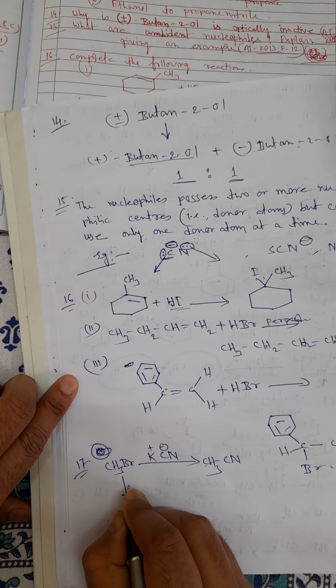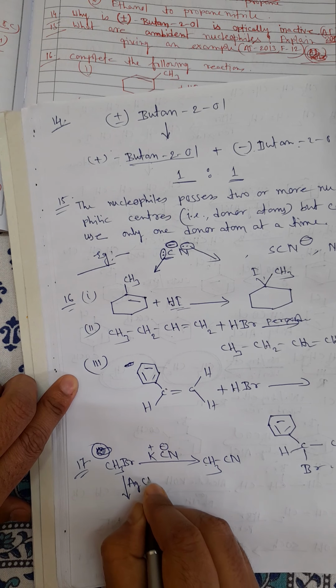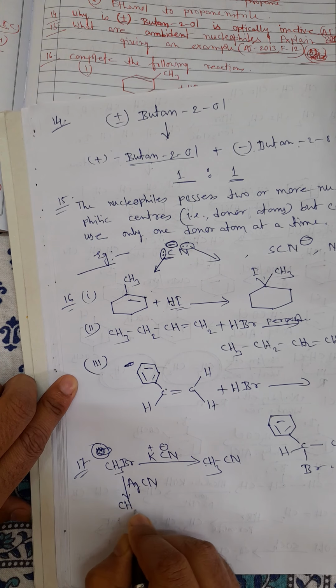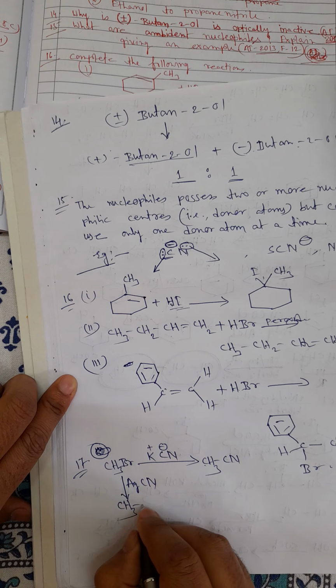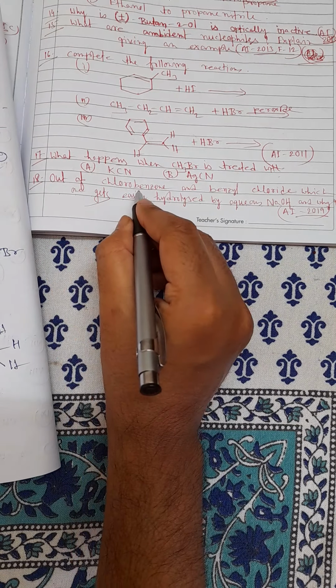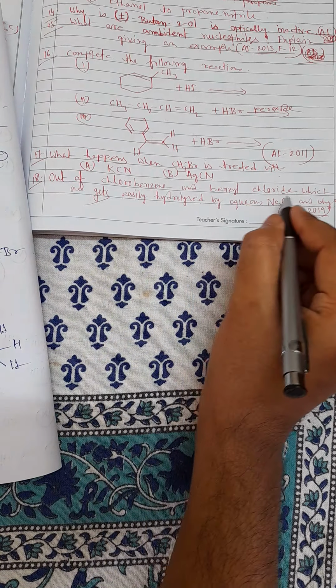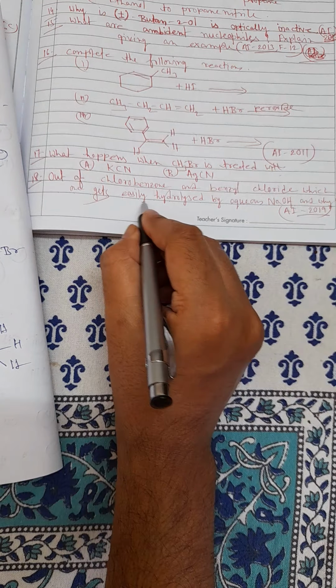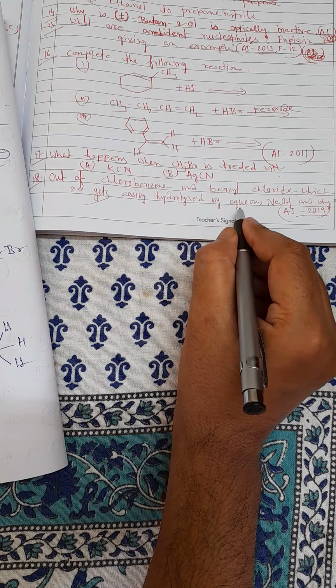But if we use AgCN, then you will get methyl isocyanide. Now the next one is out of chlorobenzene and benzyl chloride, which one gets easily hydrolyzed by aqueous NaOH and why?